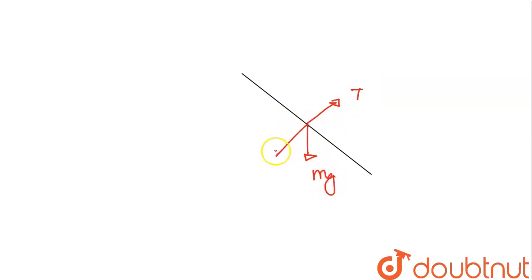In this direction there is tension, downwards there is mg, in this direction there is acceleration, here there will be pseudo force, this is theta, this is theta as well, and in this direction there is N1.